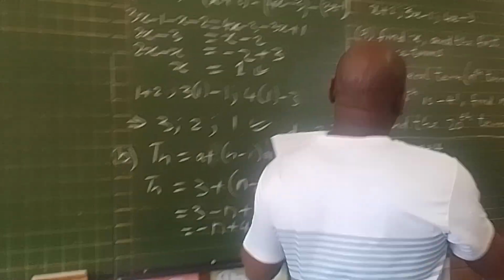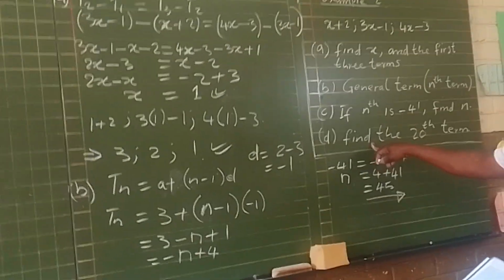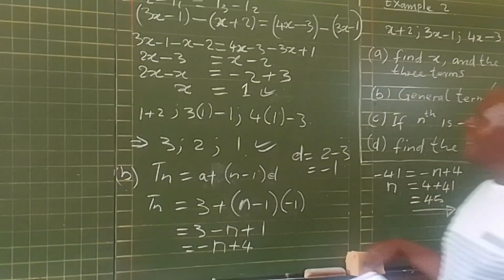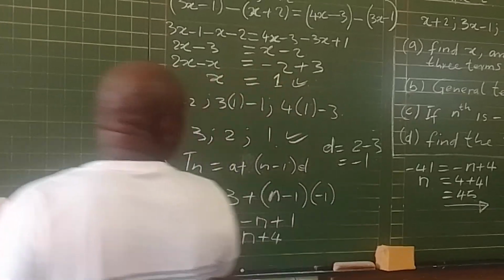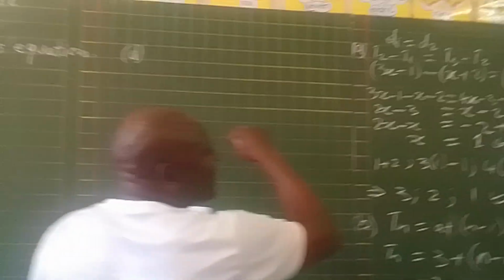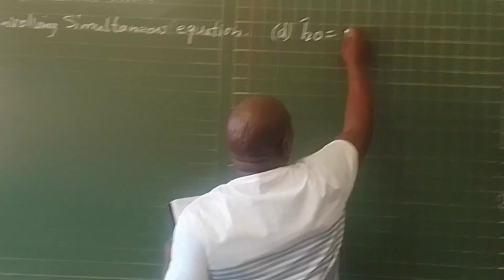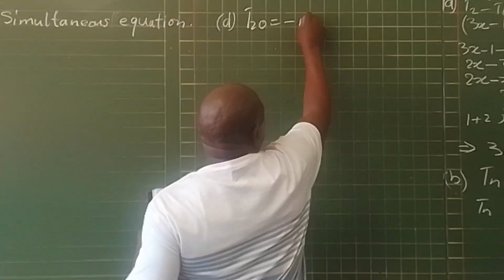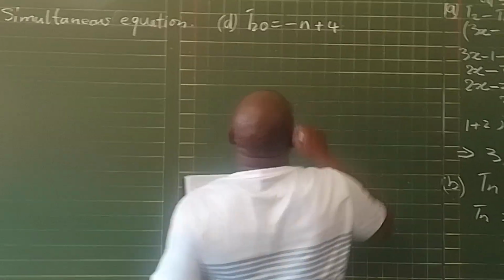Oh, we did not do the 20th term, but this one we can do it. Find the 20th term. You guys can do this, but for simplicity's sake, we are going to do it. The 20th term, T20, we take the minus n plus 4.